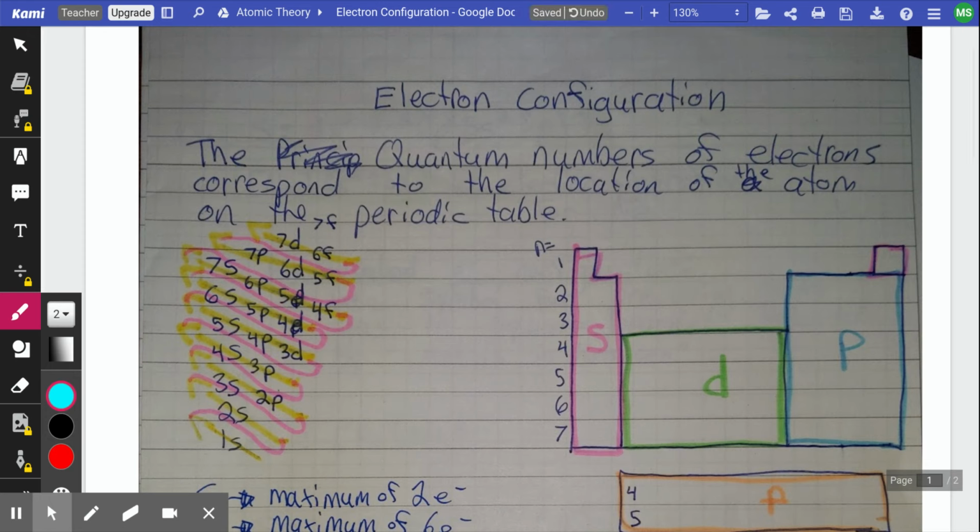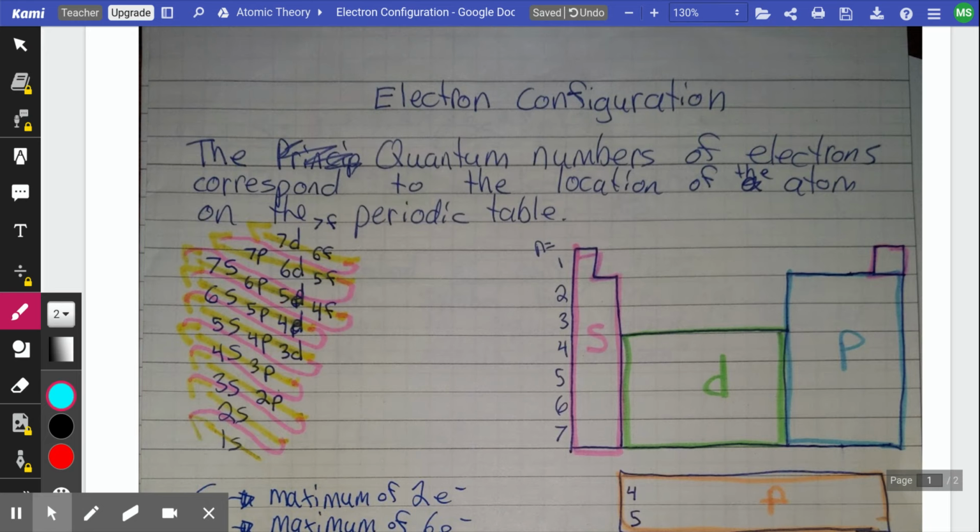As you can see, I have the periodic table color-coded to show you different blocks. If it's highlighted in pink, this is the S block, and it is telling you that the last electron in the atom is found in an S orbital.